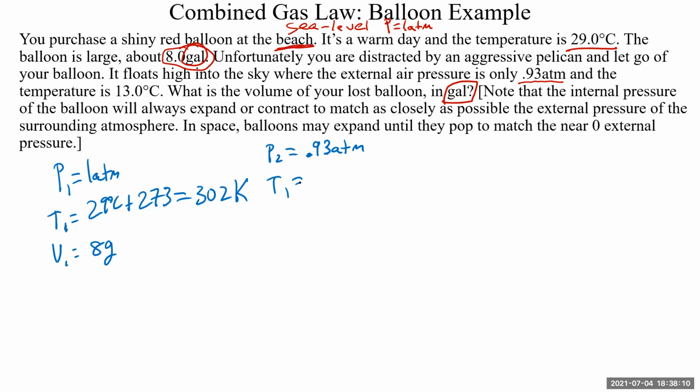So temperature is, where is it? 13 plus 273. That's going to be 286 kelvins. So temperature goes down, implying that volume should also go down.